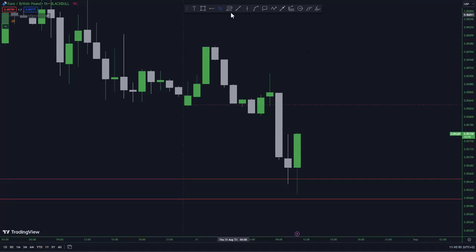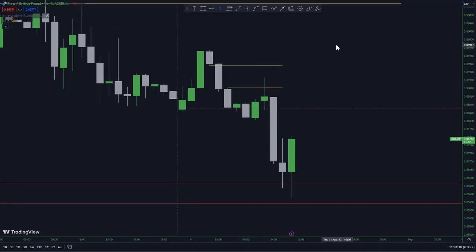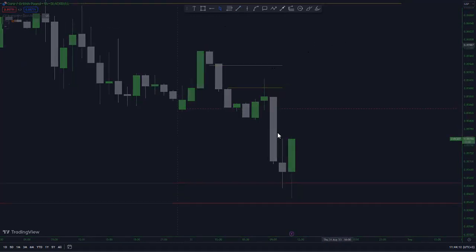So first thing first, on the H1 time frame, just at 7 o'clock, I understood that we had an FVG here, a price imbalance on the 1 hour time frame. So I'm marking it as my key level. And then I'm just going to drop to the 15 minutes time frame.